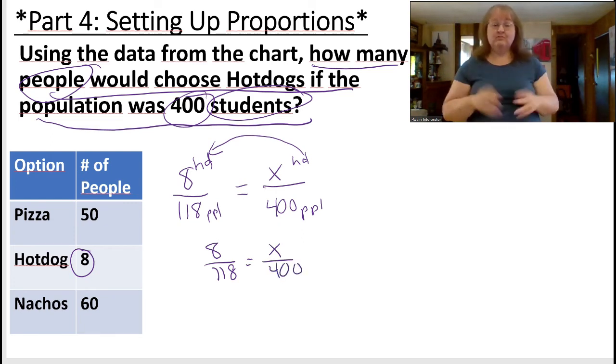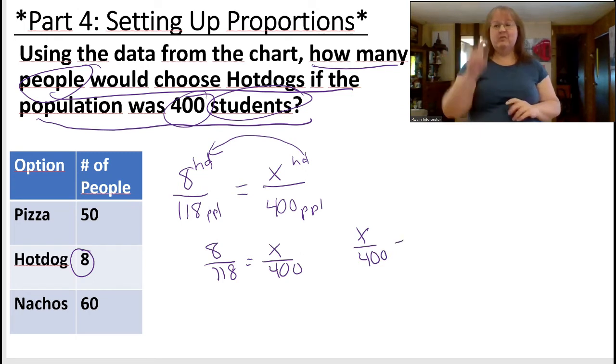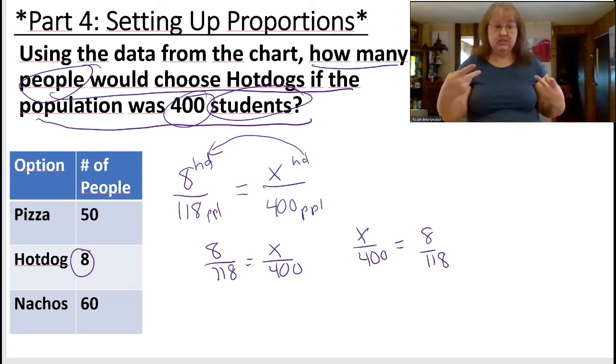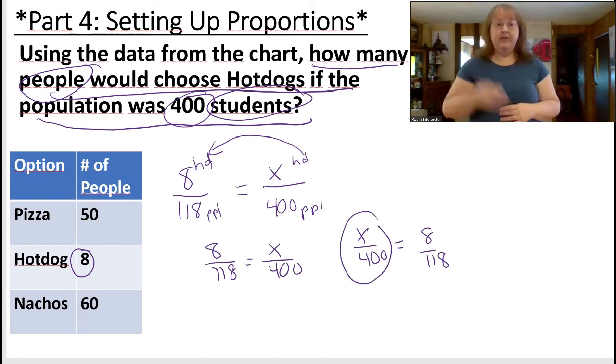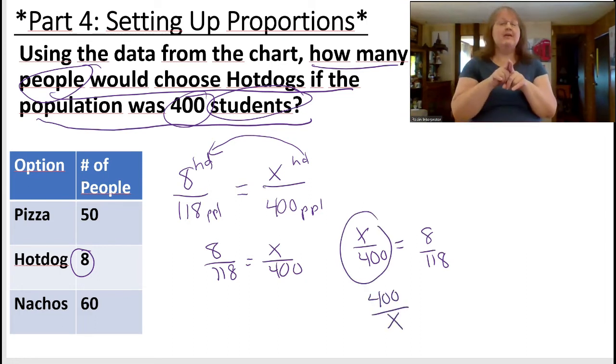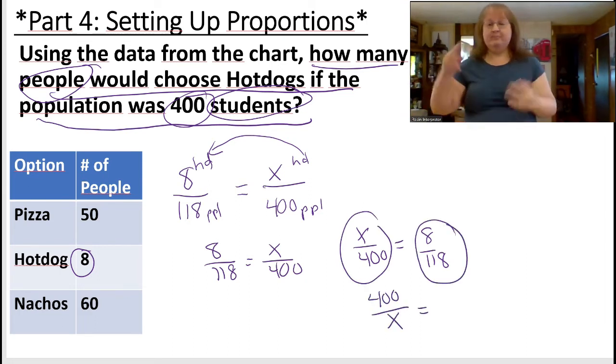Okay, that should be your proportion. If for some reason you did this instead, x over 400 is the same thing as 8 over 118, that also works. You might also see some people flip it in another way, where if they flip this one, it's the same thing as long as you flip this one.